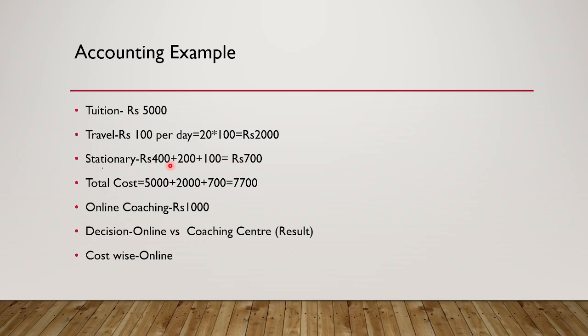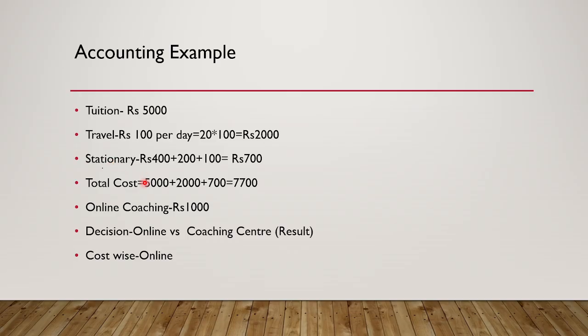So if you see the total of all, you can say that for stationery per month it is 700, travel per month 2,000, and tuition per month 5,000. And the total then comes to 7,700. So you have given a summary that this is my cost for going to tuition.